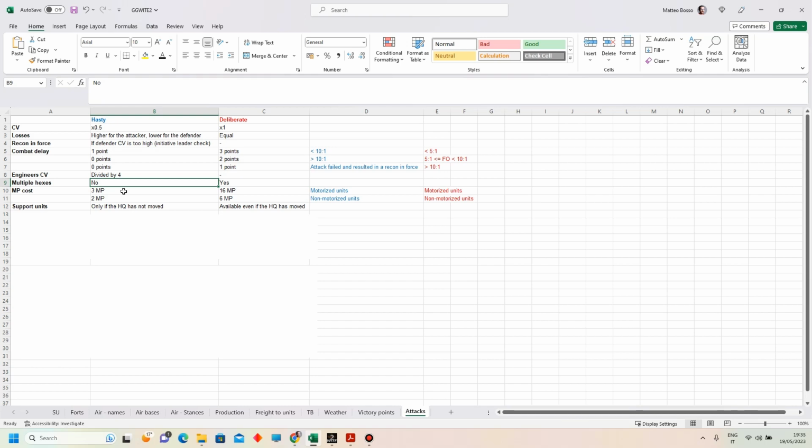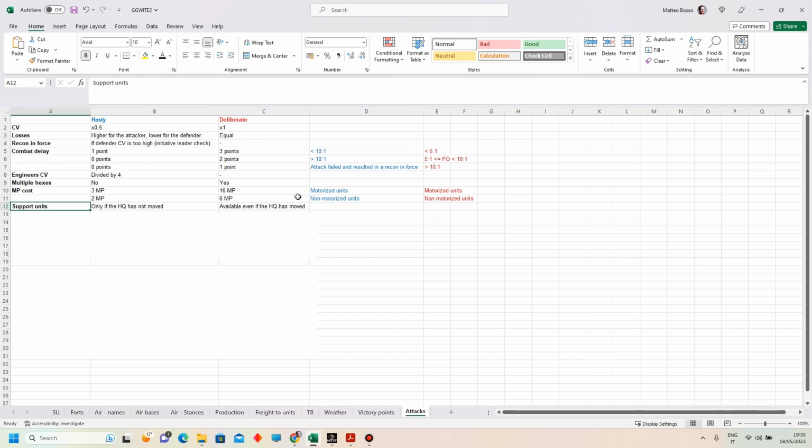But basically, hasty attacks, as I mentioned before, compromise firepower for movement points, because the amount of movement points that your units suffer is 3 movement points for motorized units versus 16, and 2 movement points versus 6 in the case of non-motorized units. And the last point is the commitment of support units.